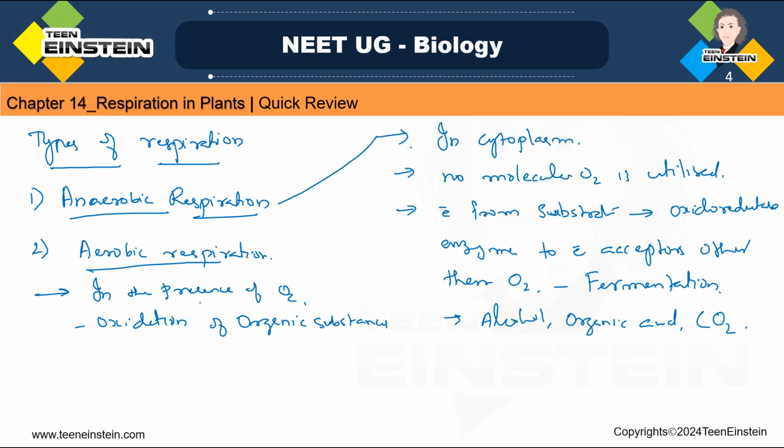Okay, and here it is in the presence of oxygen, right? After this oxidation, carbon dioxide is released, water is released, then a large amount of energy which is present in the substrate.